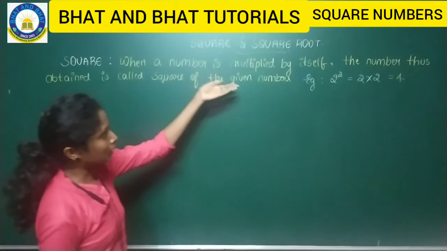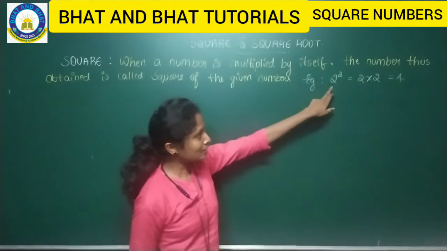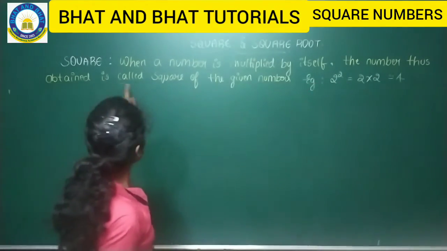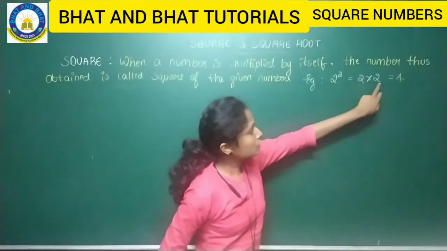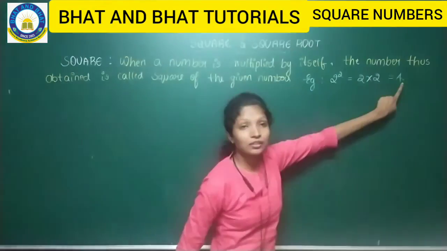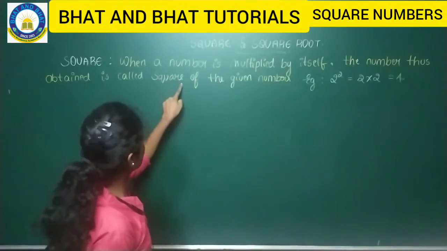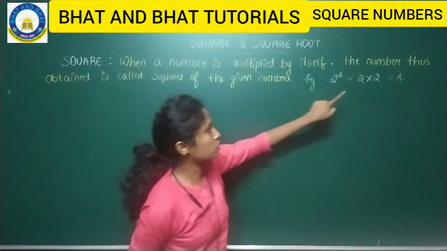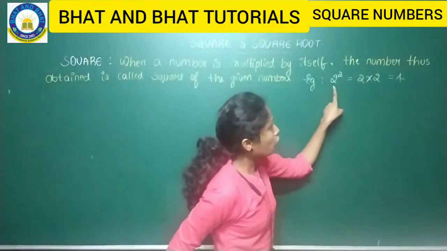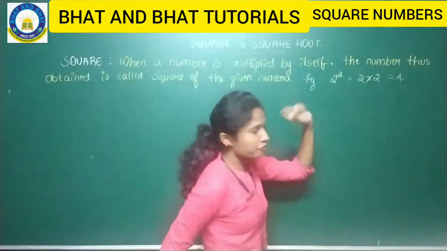When a number is multiplied by itself, so there is one number and this number is multiplied by itself, the number thus obtained is called the square of the given numbers. You are going to obtain one number, and that number here is 4. That means 4 is the square of 2.